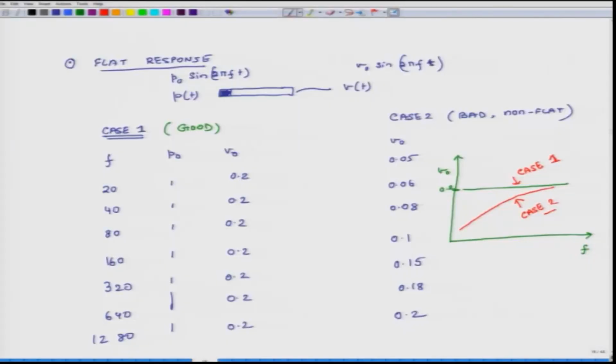So, what we have discussed so far are two important attributes of a good microphone: linearity, and flatness.